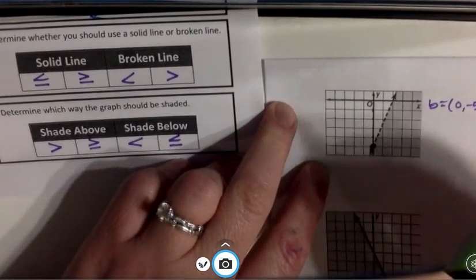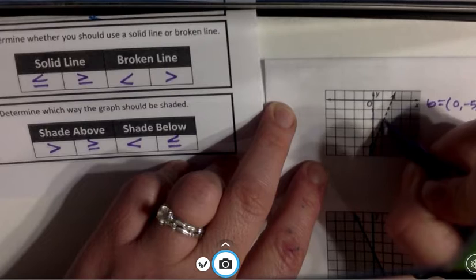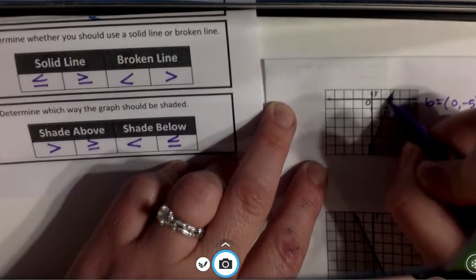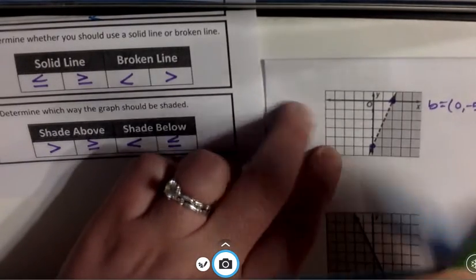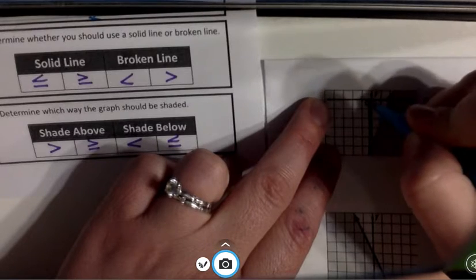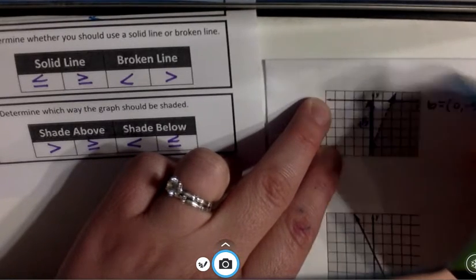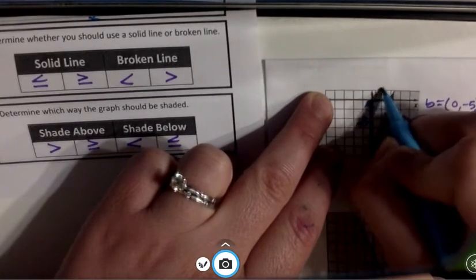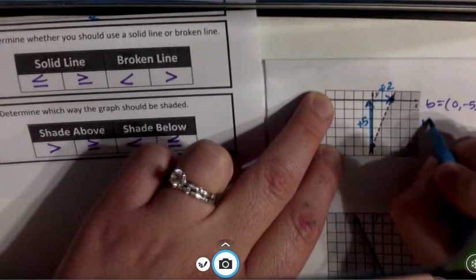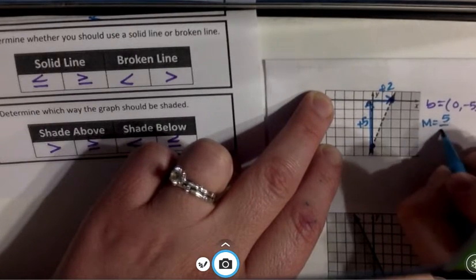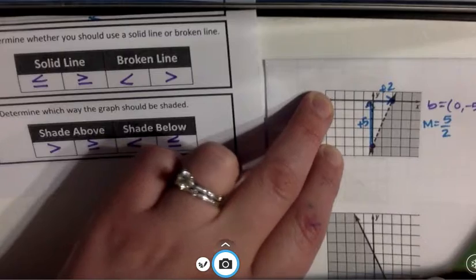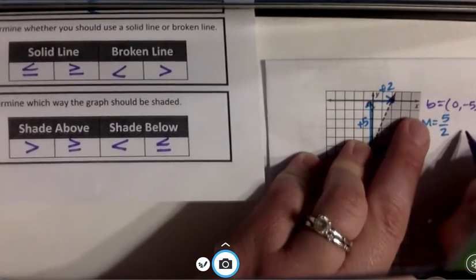My slope, I'm going to go along this line and find a nice point where it crosses. My slope is a rise of 5 and a run of 2, 5/2.